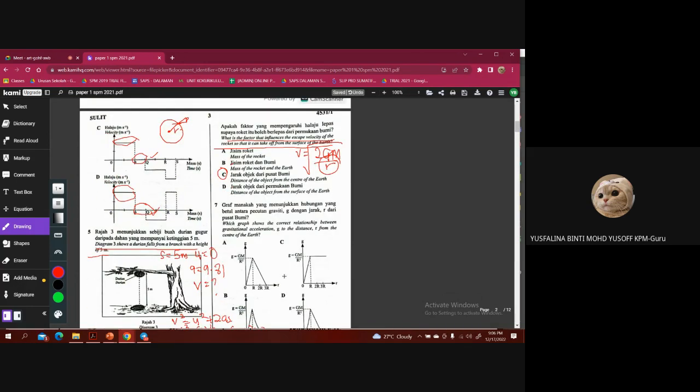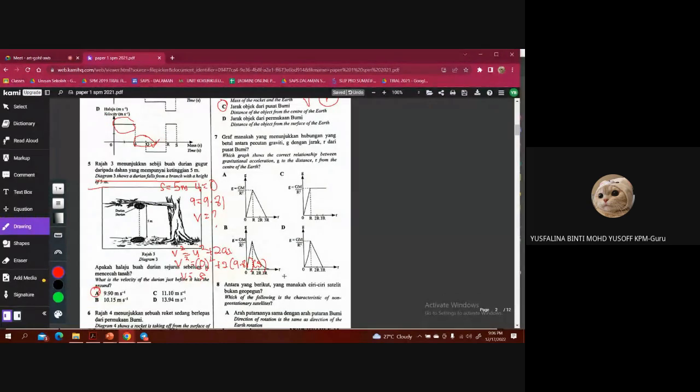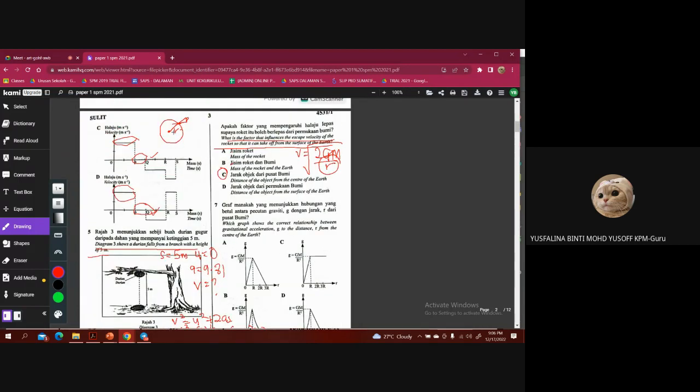For number 7, if you have a question, you can raise your hand or open your mic to talk. It's okay. For number 7, it says which graph shows the correct relationship between the gravitational acceleration g and the distance r from the center of the earth. Let's use this drawing. From here to here, the gravity is increasing.